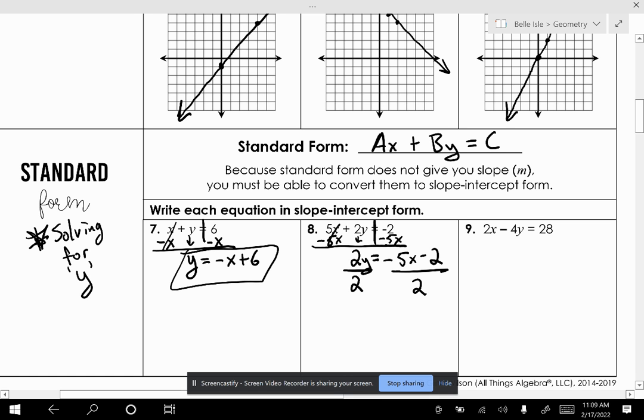But we need to know our slope and our y-intercept. So when you divide by 2, you have to divide each individual term. I'm dividing 2y by 2, the negative 5x by 2, and the negative 2 by 2. Each piece. The 2's cancel out on the left side and give me y equals. Our slope should be negative 5 over 2, and our new y-intercept should be negative 1.